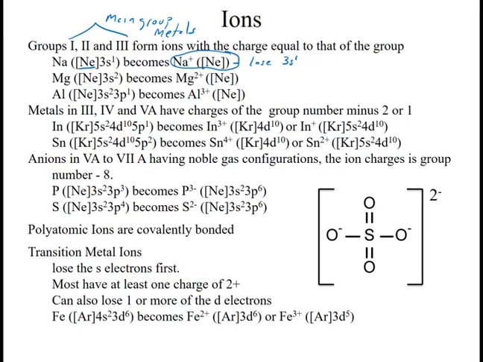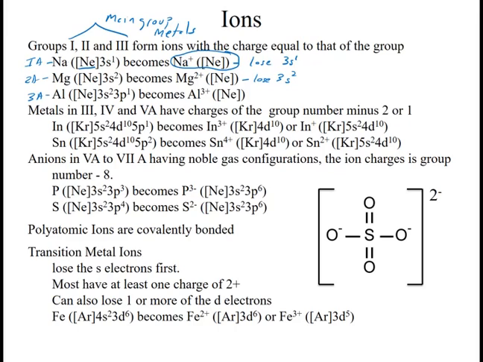Magnesium is the next element, and it's neon base with a 3s2. So magnesium is in group, so this is 1A, this is 2A, and so therefore has 2 valence electrons. It loses both of those electrons, so it loses the 3s2. And aluminum is column 3A, and so it has 3 valence electrons.